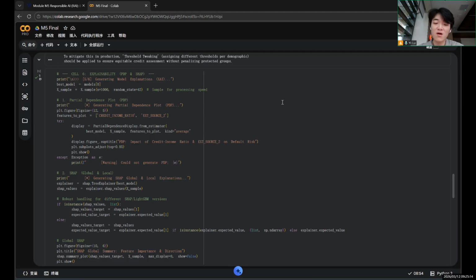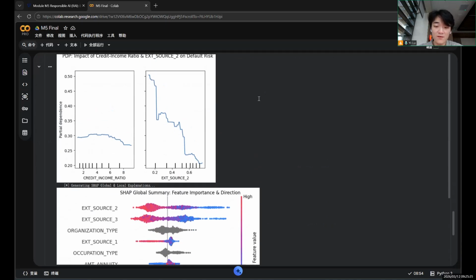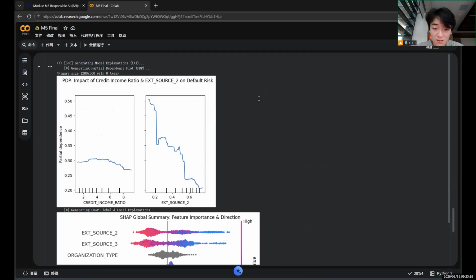First, to understand the model's macro-level behavior, I generated partial dependence plots, or PDPs, and SHAP global summary plots. The PDP allowed me to isolate specific engineered features like the credit-to-income ratio, and to prove that as an applicant's financial burden increases, their predicted default risk smoothly and logically increases as well.